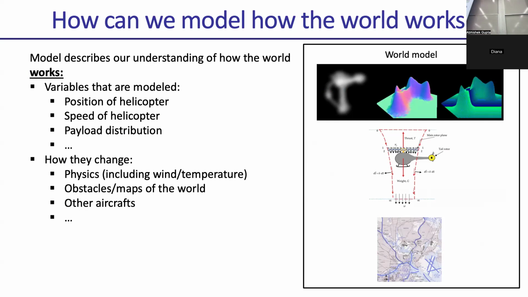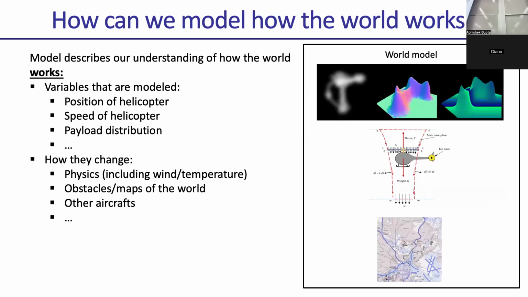So it's saying that if you know the current position, speed, and payload, and you apply some controls, what is going to be the next position, speed, and payload, under the physics of the helicopter, taking into account obstacles, other aircraft, wind, weather conditions, pressure, and so on? Or you can even think about things like your helicopter might have some damage, and you want to factor that damage into how the helicopter moves.